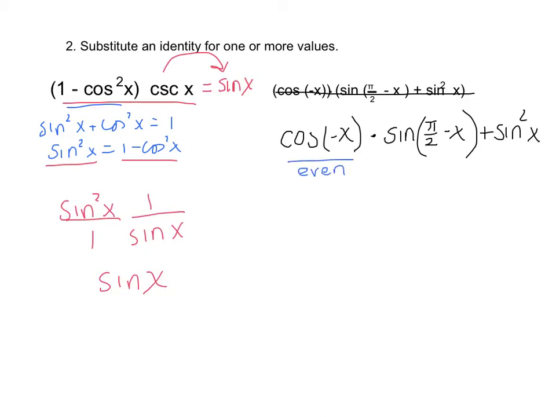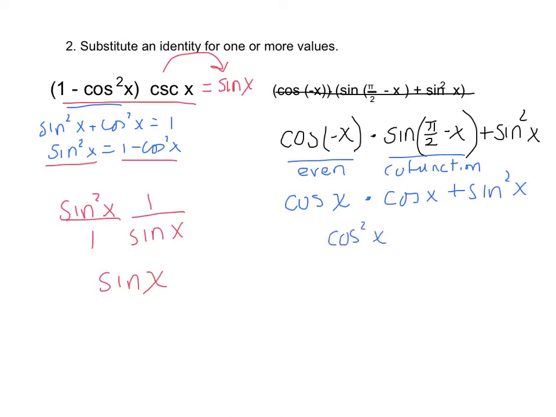Since cosine is even, the cosine of the negative angle is just cosine of x. We know from the cofunction that the sine of pi over 2 minus x, or 90 minus x, the other angle, is also cosine x, and then plus sine squared x. Well, cosine times cosine is cosine squared x. Cosine squared x plus sine squared x is, you guessed it, 1. So this whole mess here was equal to 1.